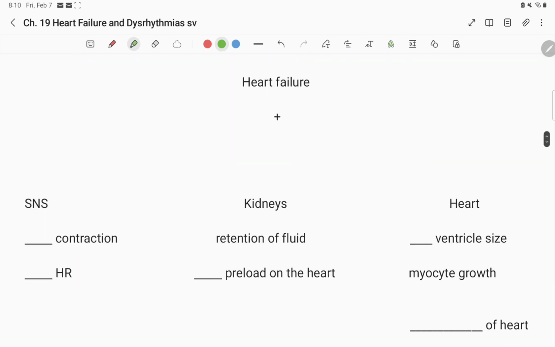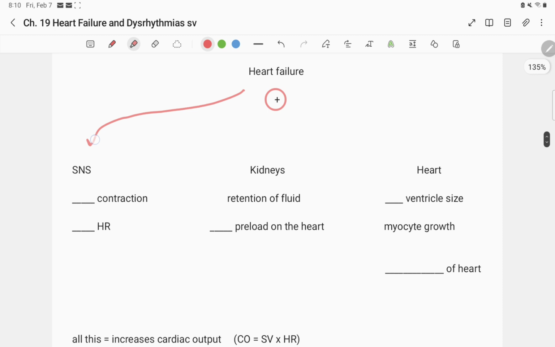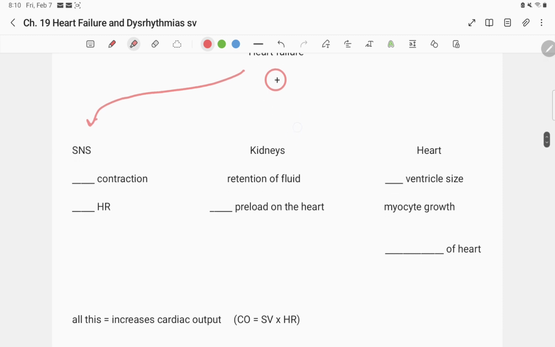All right, heart failure activates your sympathetic nervous system. And when that happens, you get increased contraction and increased heart rate.